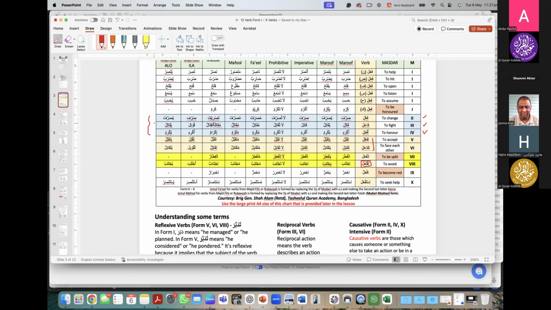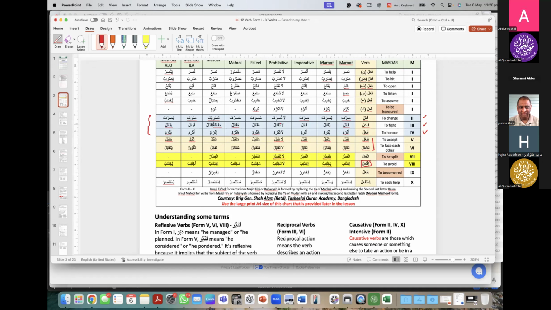And now the challenge is you need to come forward by the next class. Before the next class, you have to memorize this. Sarrafa yusarrifu, sarrif la tusarrif. Okay, tusarrif, can you see? Everything else is la taqabbala, la and ta.